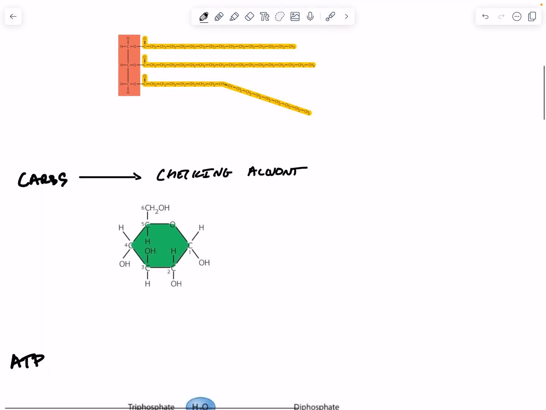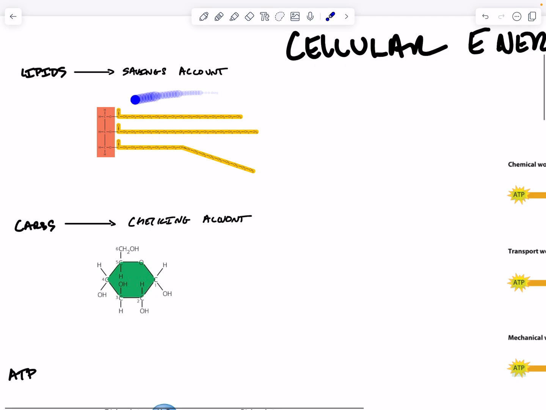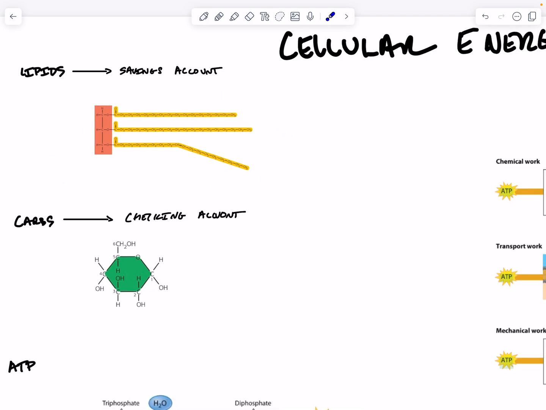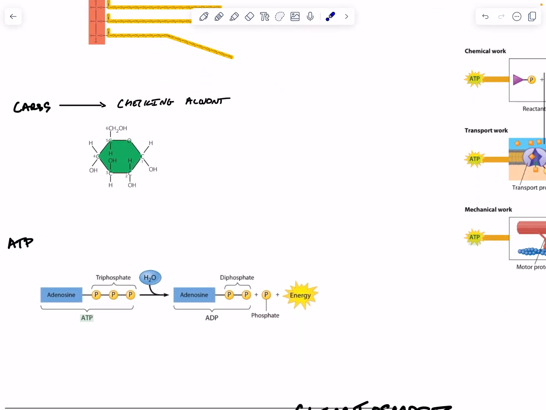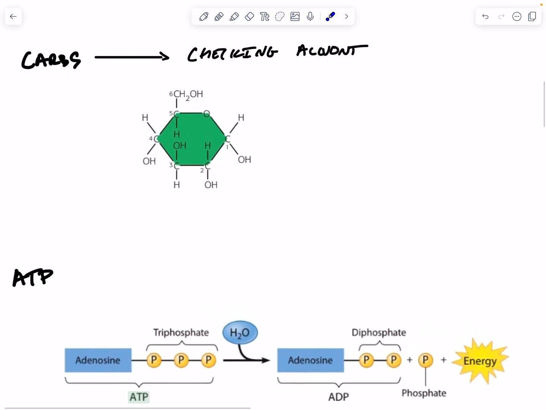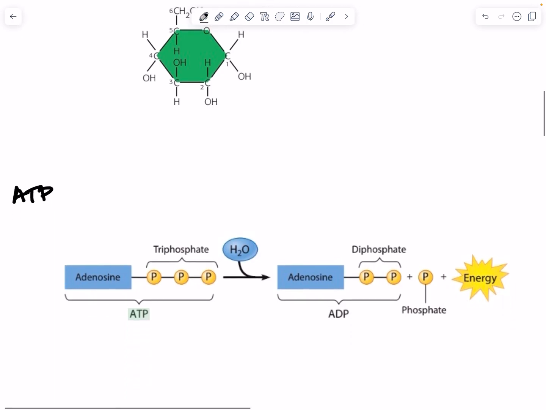They're moving in and out of the body, and more easily moved around than fats are. But it's still a little bit harder to access these funds than it is to use ATP, which is like cash in your pocket.